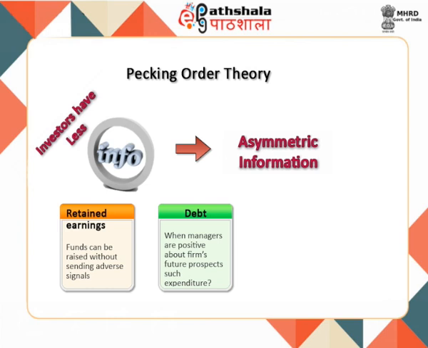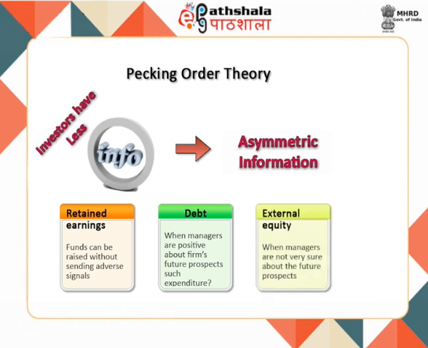And managers will issue equity when they are not very sure about the future prospects. So, funds should be raised in the order of retained earnings, debt, and then external equity.